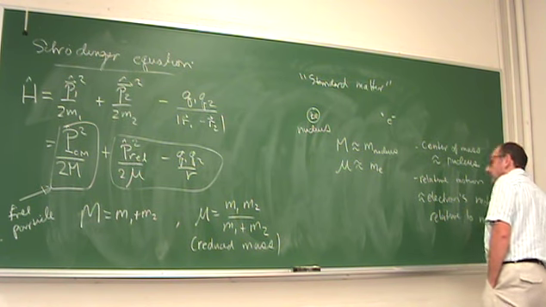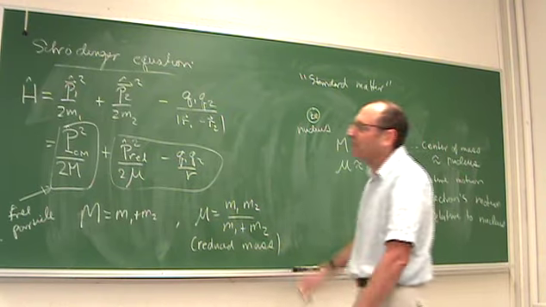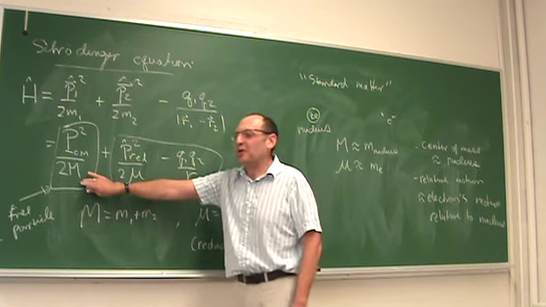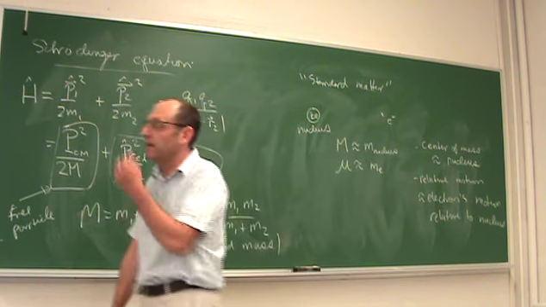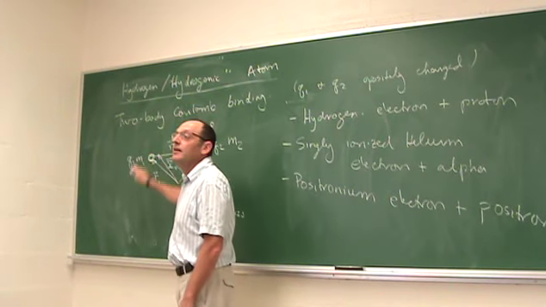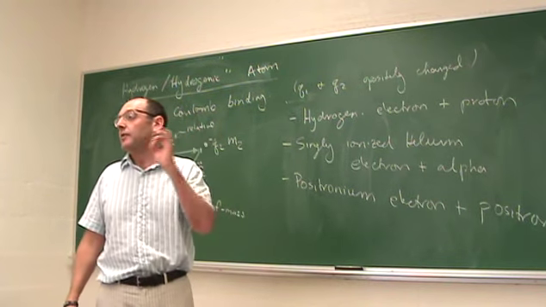So we can think about this as roughly nuclear motion and electronic motion, where now the electron's motion is measured relative to the fixed nucleus.